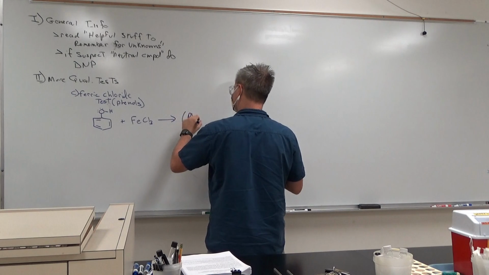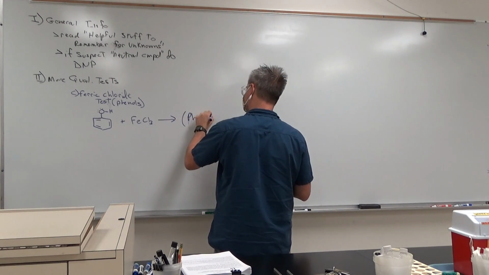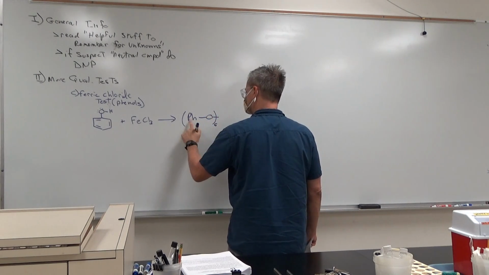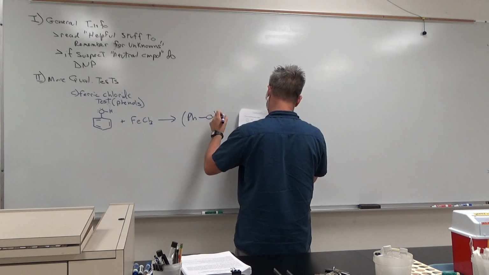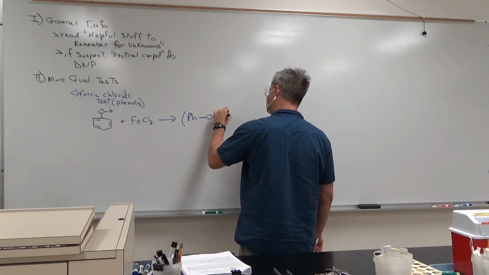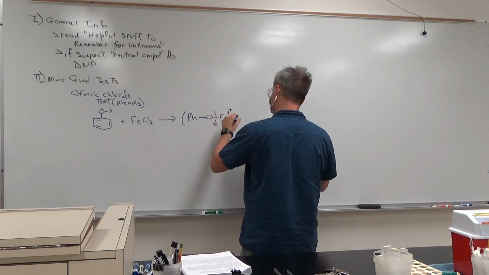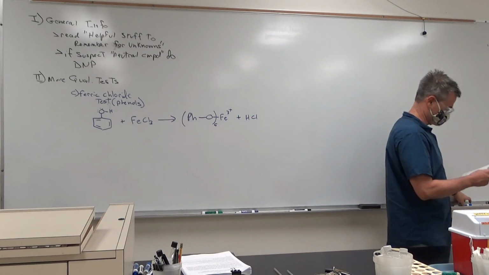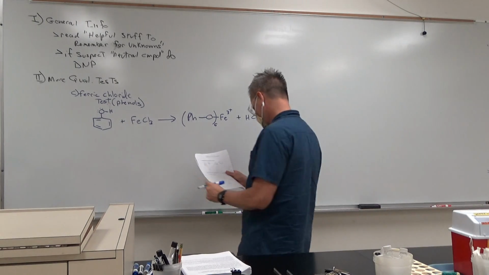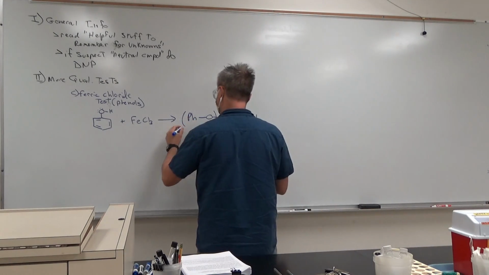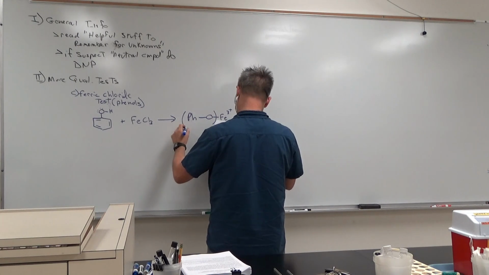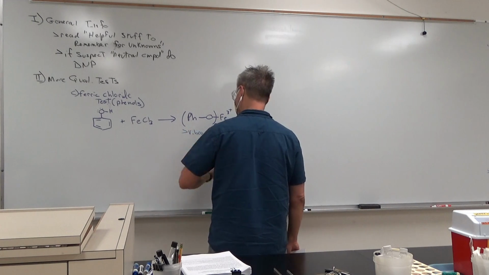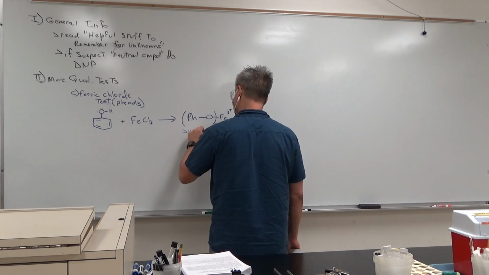Capital P. You actually get 6 of these phenoxy groups around iron 3, plus HCl. Okay. And this guy tends to be a vibrant color. And then down below I'll list the color possibilities.